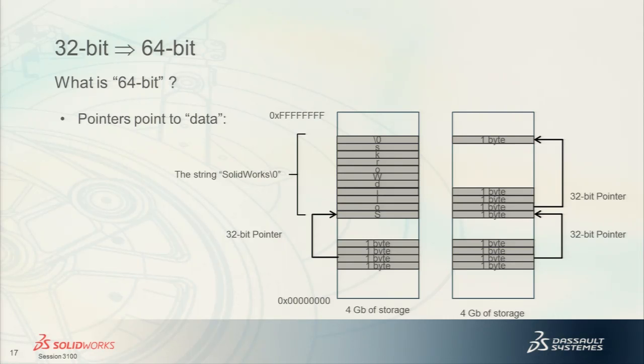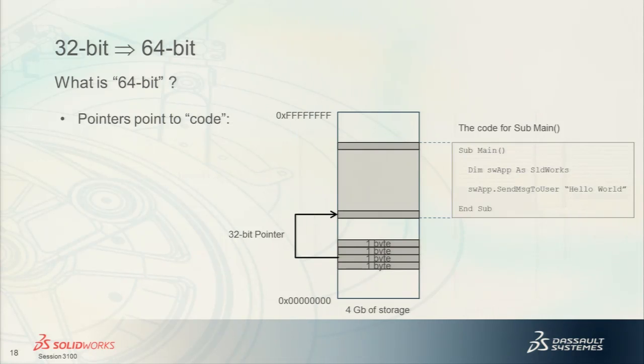In the picture on the far right, a pointer can point to another pointer, which is pointing to 1 byte of data in memory. Some of the examples will actually use this concept: a pointer can point to another pointer, and from there you get to the actual data. So it's like an indirect reference. As I said, pointers can also point to code.